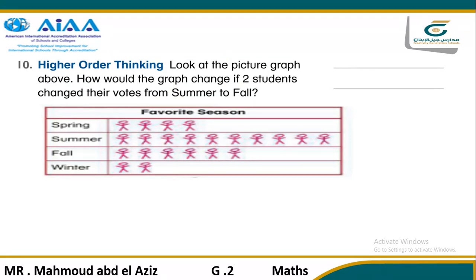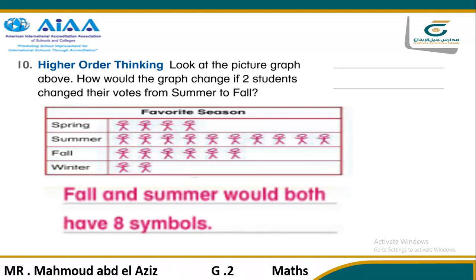So if we remove 2 students from summer to fall, it will be what? Excellent, dear students. So fall and summer would both have 8 symbols. Why? Because 10 minus 2 equals 8 and 6 plus 2 equals 8.